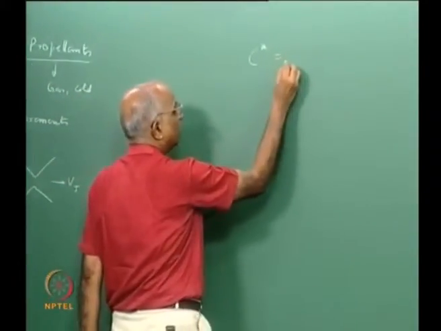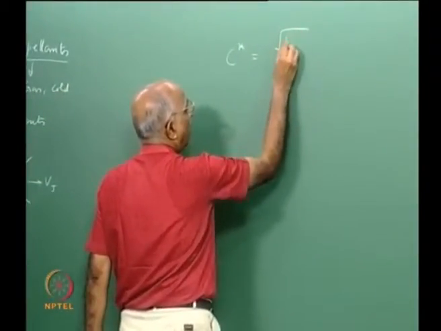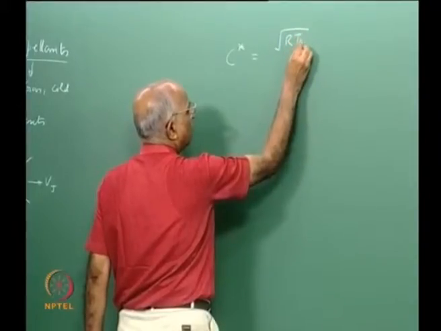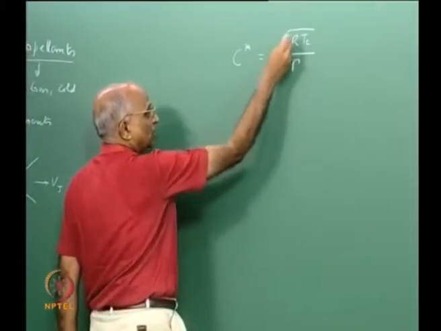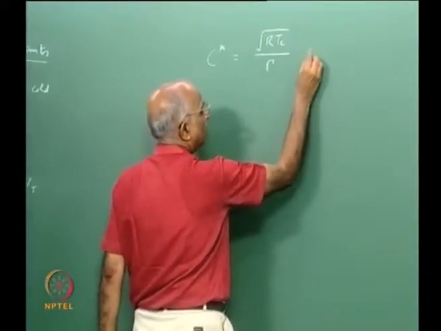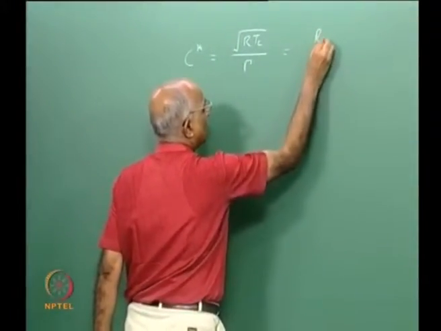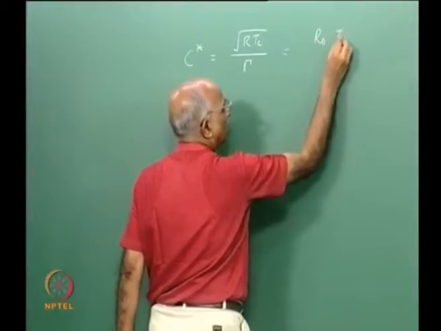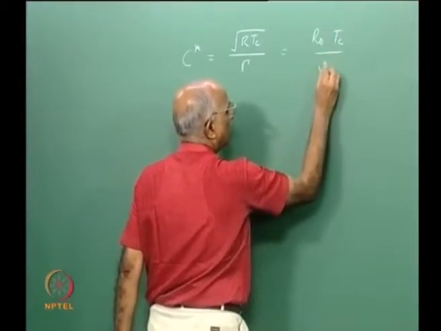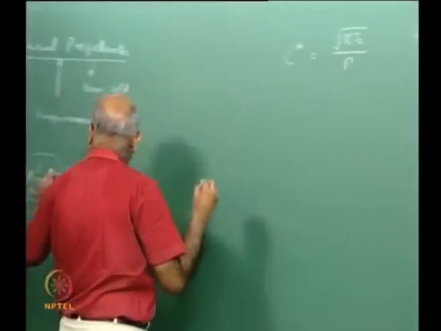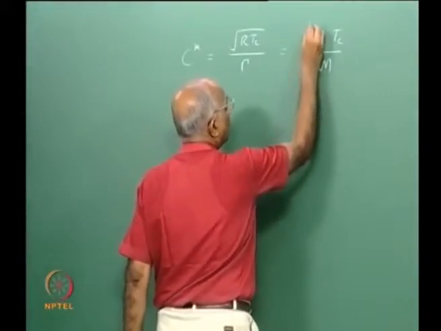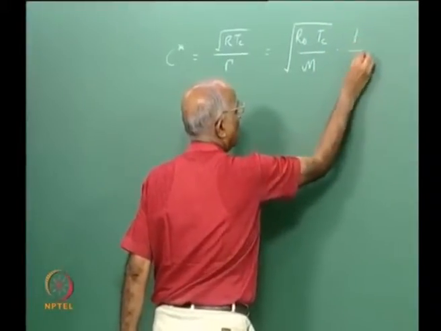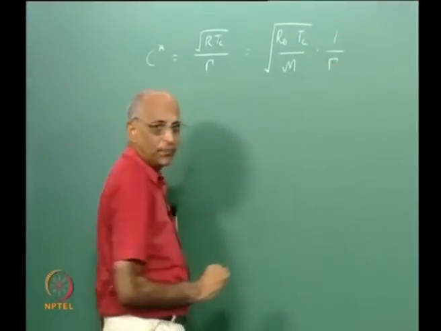We had the expression under root R into Tc, the temperature of the hot gases, divided by capital gamma, where R was a specific gas constant, which in terms of the universal gas constant we could write as R naught Tc by the molecular mass of the gases which are sent out through the nozzle, and this is again under root into 1 over gamma, which is a function of gamma.